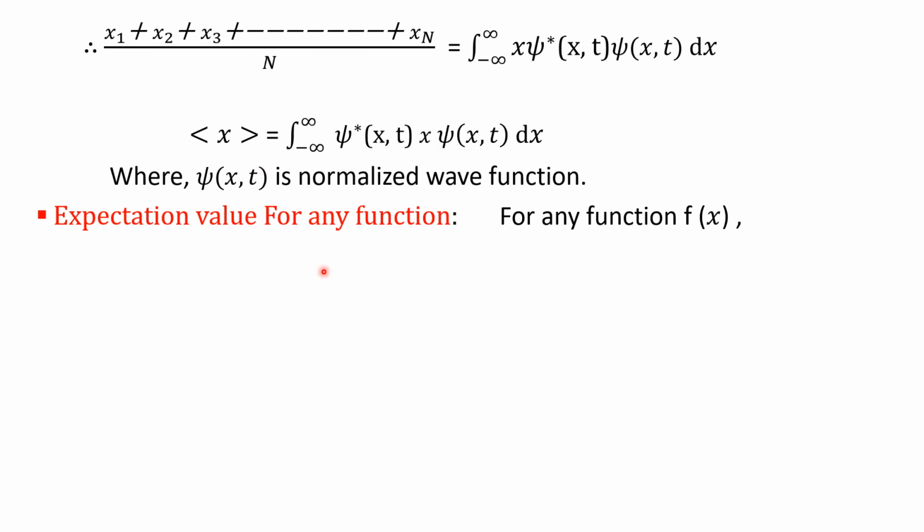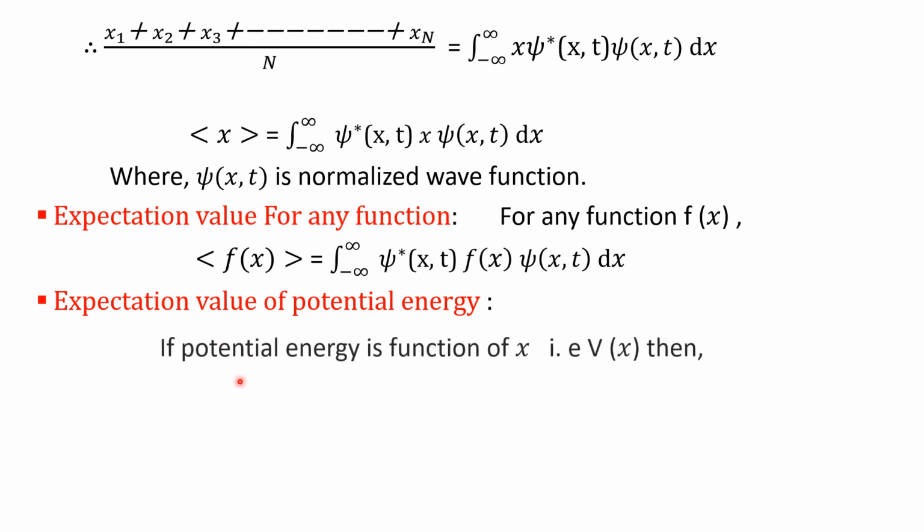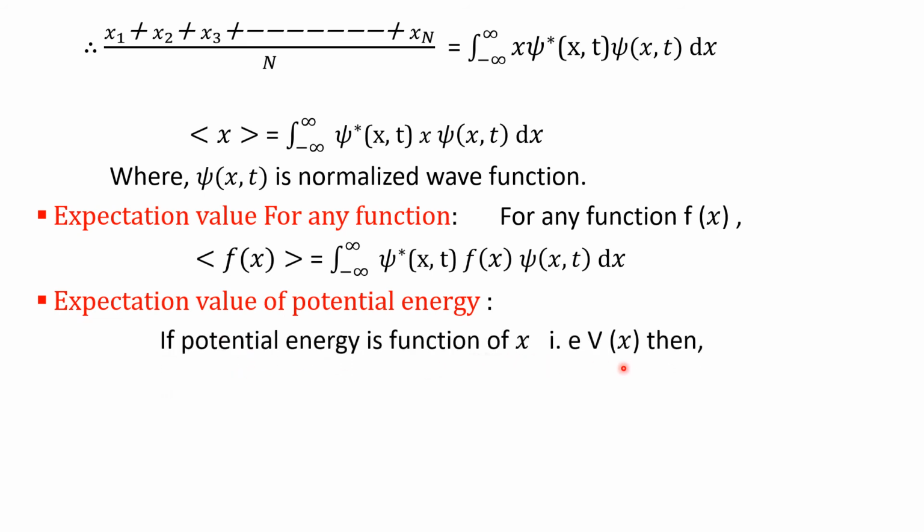In the same manner, angle bracket f of x is equal to the integral from minus infinity to plus infinity of psi star(x,t) f of x psi(x,t) dx. For the potential energy, we write its expectation value: if V is a function of x only, then angle bracket V of x is equal to the integral from minus infinity to plus infinity of psi star(x,t) V of x psi(x,t) dx. It gives the expectation value of the potential energy.